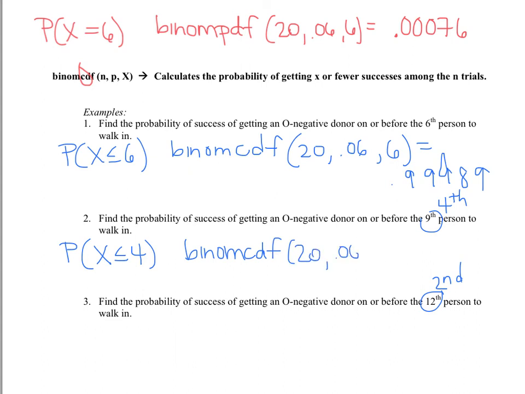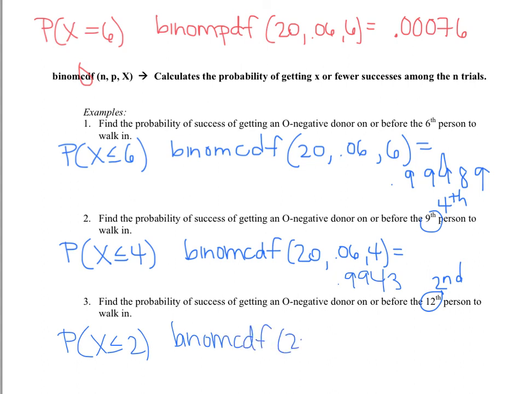Probability is still the same, and I want the 4th person. And I get 0.9943, so a little bit smaller chance. Find the probability of on or before the 2nd, so repeat those steps. We want the 2nd person. 88.5% chance.